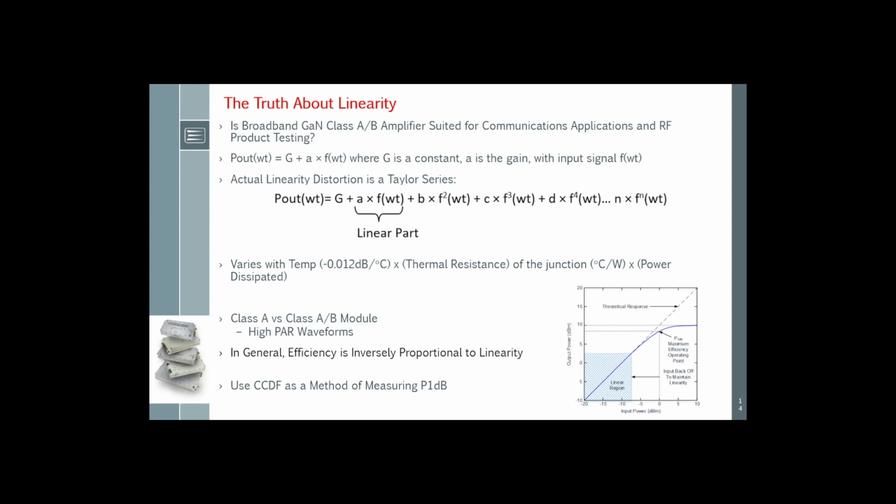If you use a CW carrier, a sine wave carrier, and you excite the amplifier with that sine wave signal, the problem is that you consider the point where the output goes 1 dB less than it would be if the amplifier were fully linear, okay?